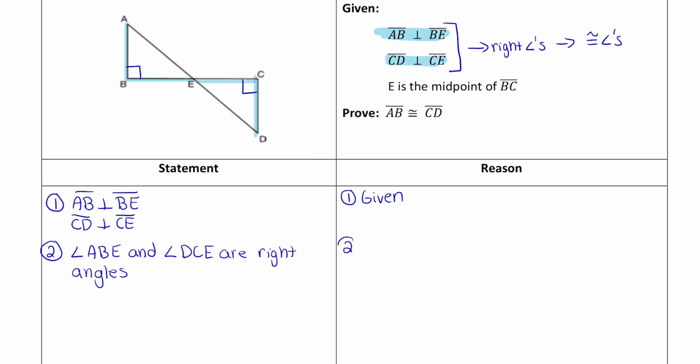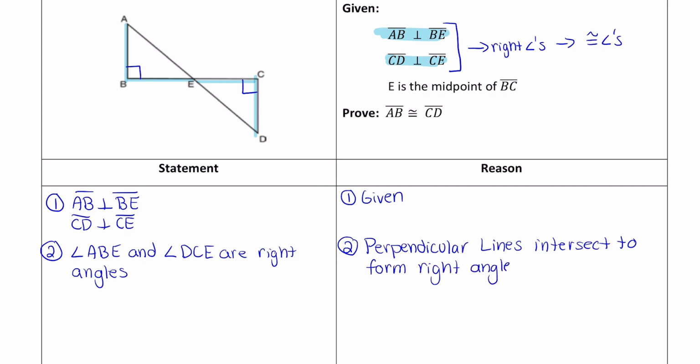And the reason for that is perpendicular lines intersect to form right angles. And remember, you guys are more than welcome to abbreviate words. I just choose not to when I write answer keys, so it's clear for those who are struggling.